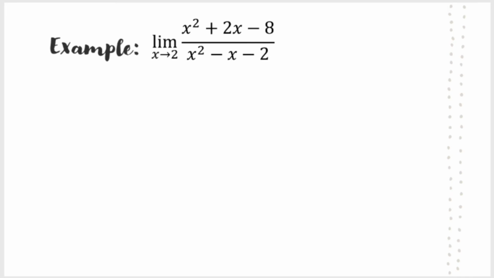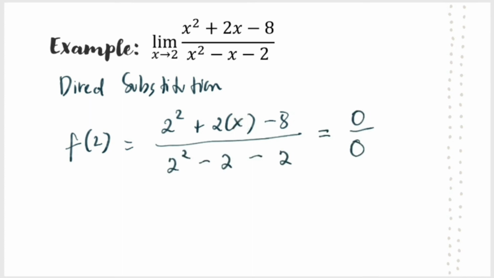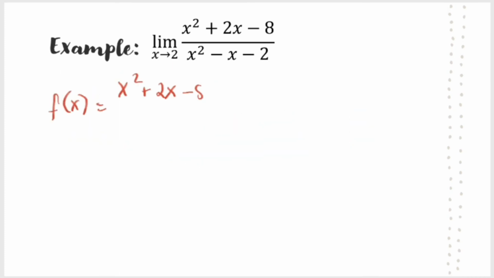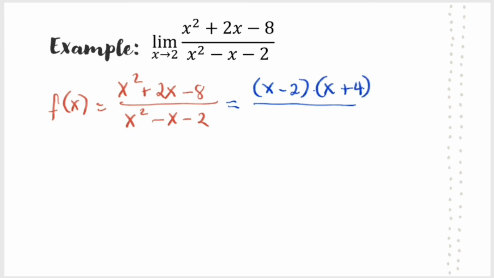Next example, we have the limit of x squared plus 2x minus 8 all over x squared minus x minus 2 as x approaches 2. First, direct substitution gives 0 over 0. So let's simplify the function. Factoring the numerator and denominator using factoring trinomials, we have x minus 2 times x plus 4 all over x plus 1 times x minus 2.